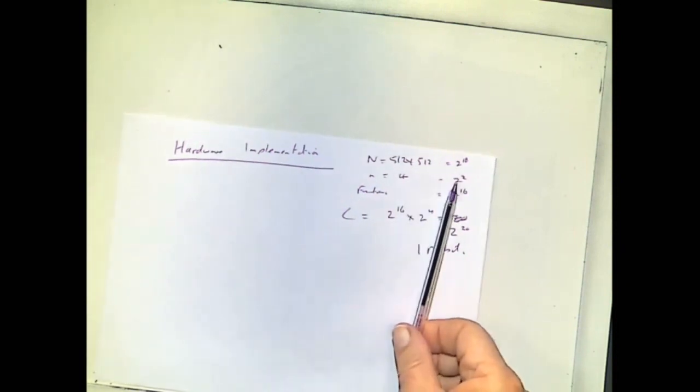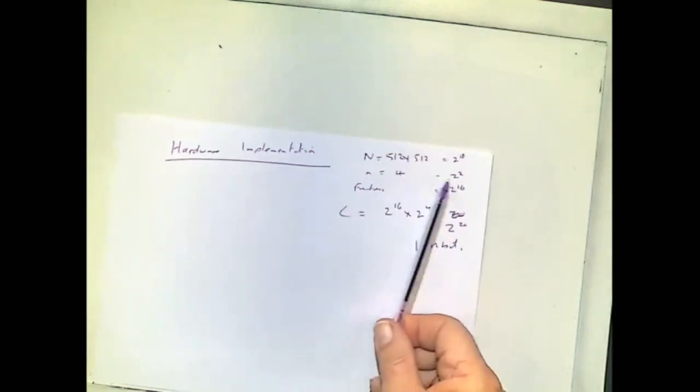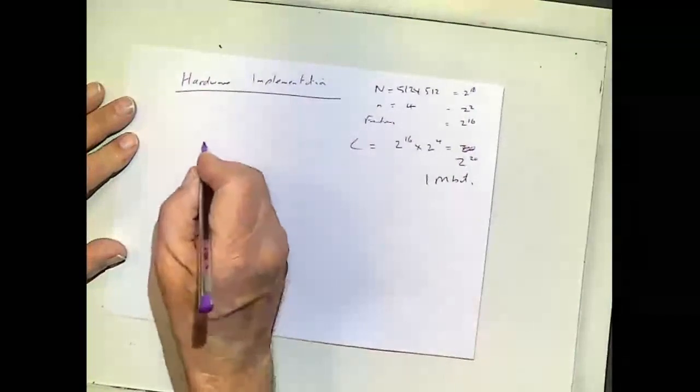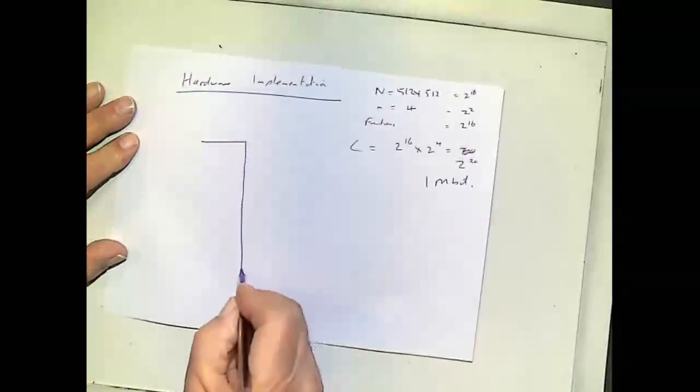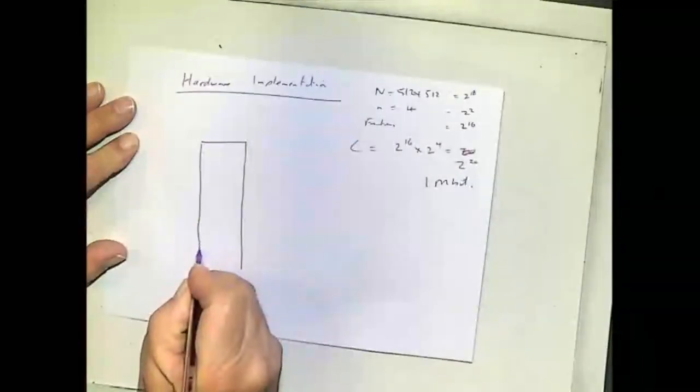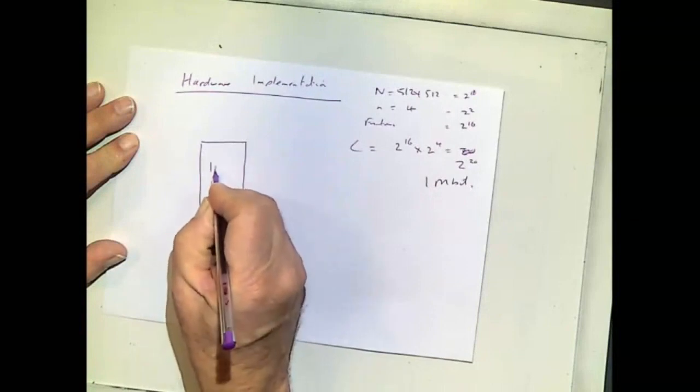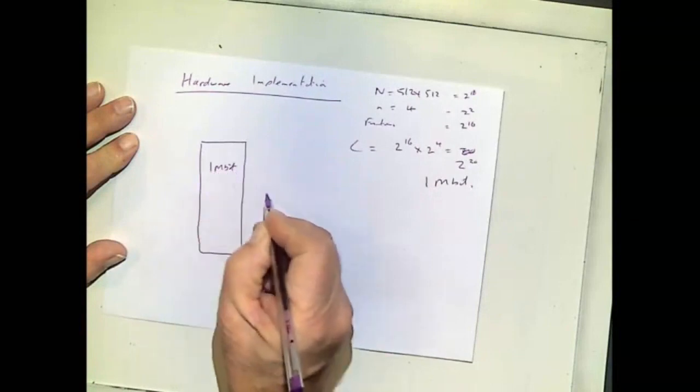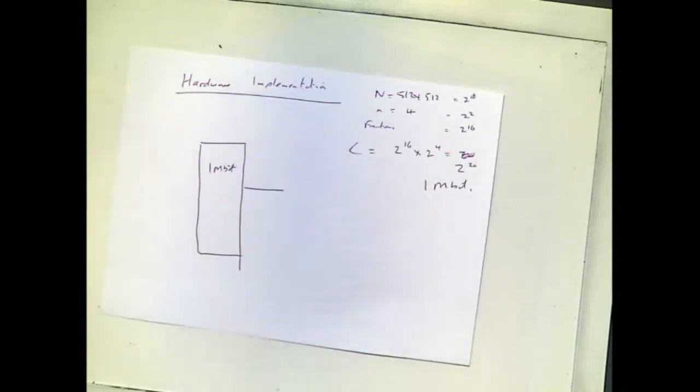Shouldn't you divide by something? 2 to the 18, 16, yeah, 1 megabit. So we take a 1 megabit memory. It's a bit organized memory at this stage.